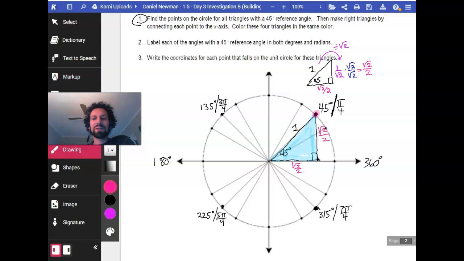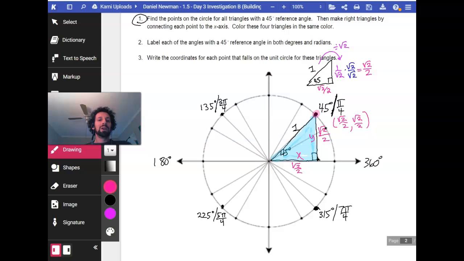We went rad 2 over 2 units to the right, so that's our x coordinate. And we went rad 2 over 2 units upward, and so that's our y coordinate. That makes sense because a 45, 45, 90 triangle has 2 congruent legs, and so the x coordinate and the y coordinate are the same.